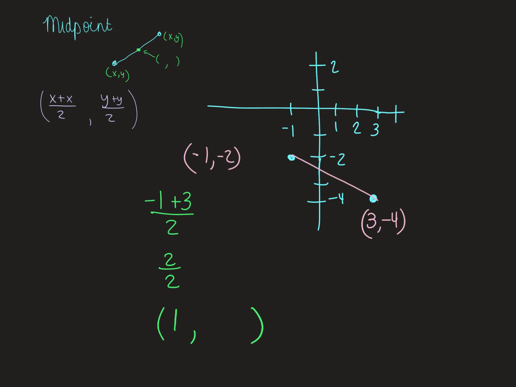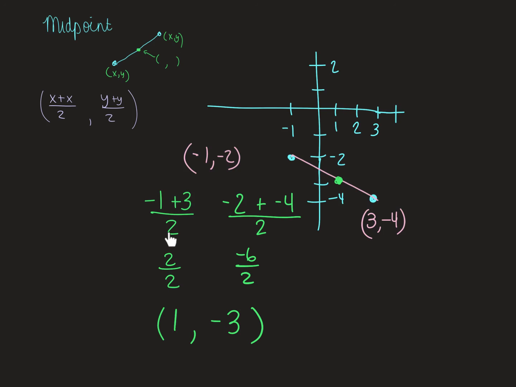So I now know my first number of my ordered pair is 1. -2 plus -4 cut in half is -6 divided by 2, which is -3. And it's my drawing, but it's supposed to look like that is halfway down this line at (1, -3).